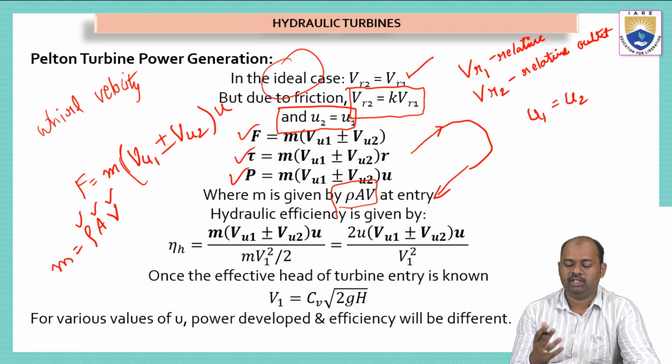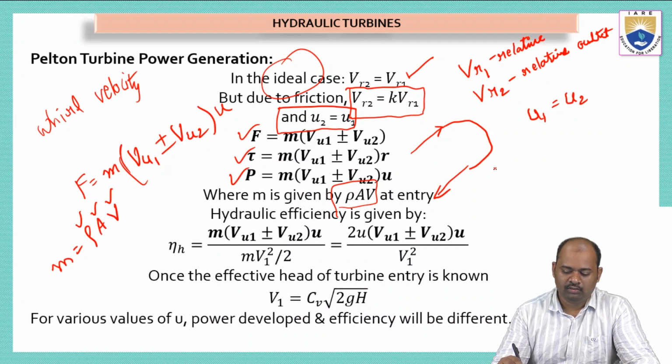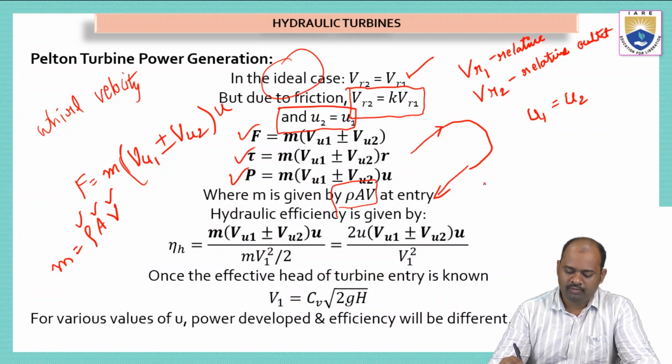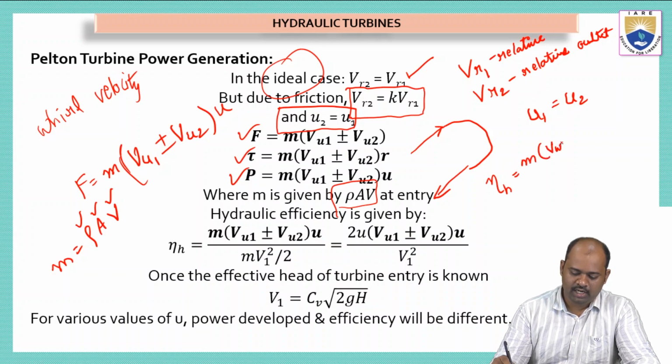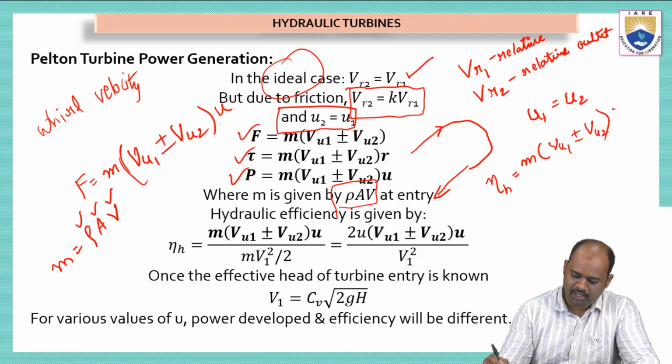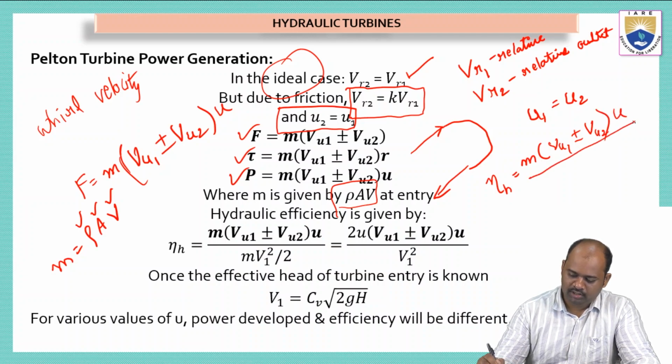We have seen the hydraulic efficiency in the previous lecture. From the formula we can calculate the hydraulic efficiency as mass times (whirl velocity at point 1 plus or minus whirl velocity at point 2) multiplied by the velocity of the bucket, divided by mass times V1 square by 2.